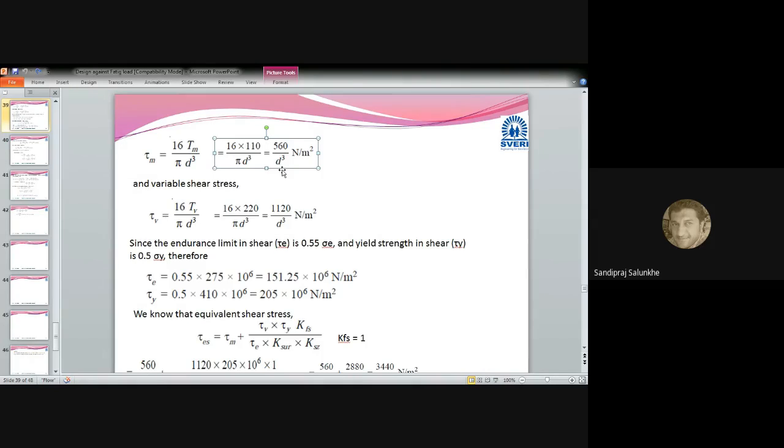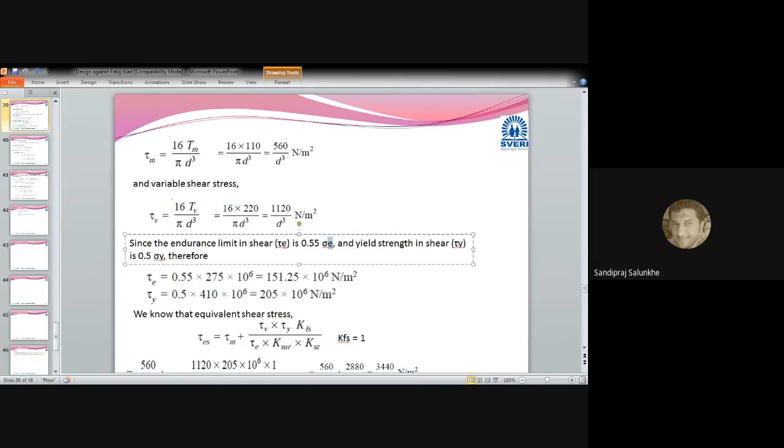Okay. Once you have got this stress, then the value of endurance shear stress and yield shear stress has to be calculated. This endurance shear stress is 0.55 of the endurance limit.